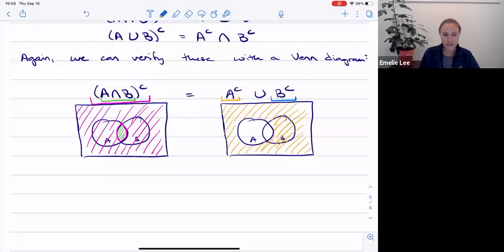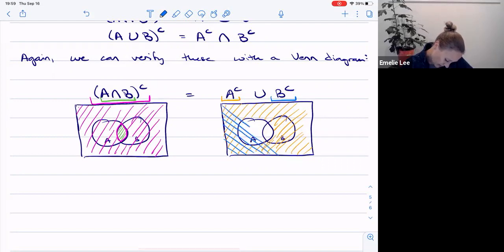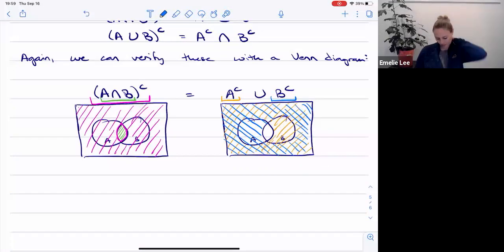The complement of B is everything outside of B. So now I just have to avoid the B circle, which means I'm going to try to go like this, which is always a little bit harder. I don't know why. But so, everything that's not in B.